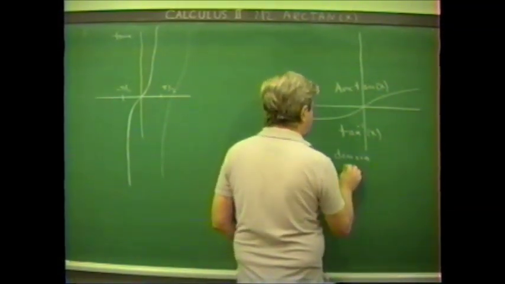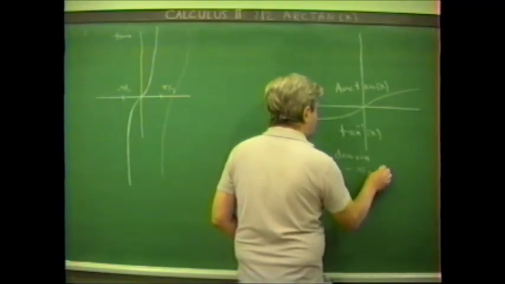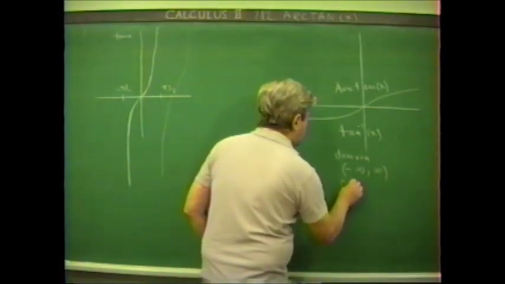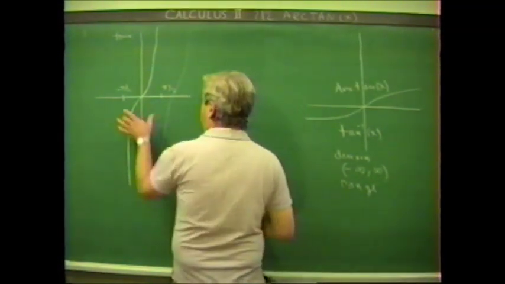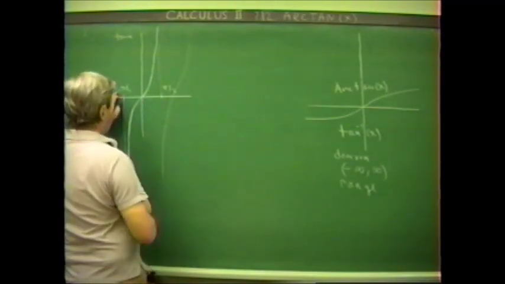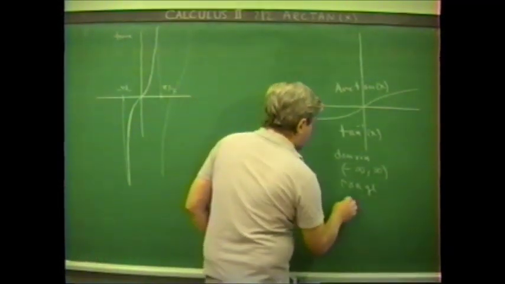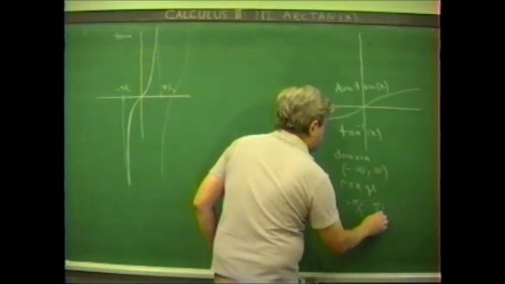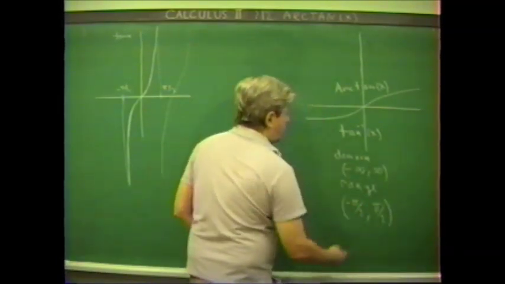The domain is going to be minus infinity to infinity. And the range, since the domain of the tangent function here is minus pi over 2 to pi over 2, is going to be minus pi over 2 to pi over 2, excluding the two endpoints.